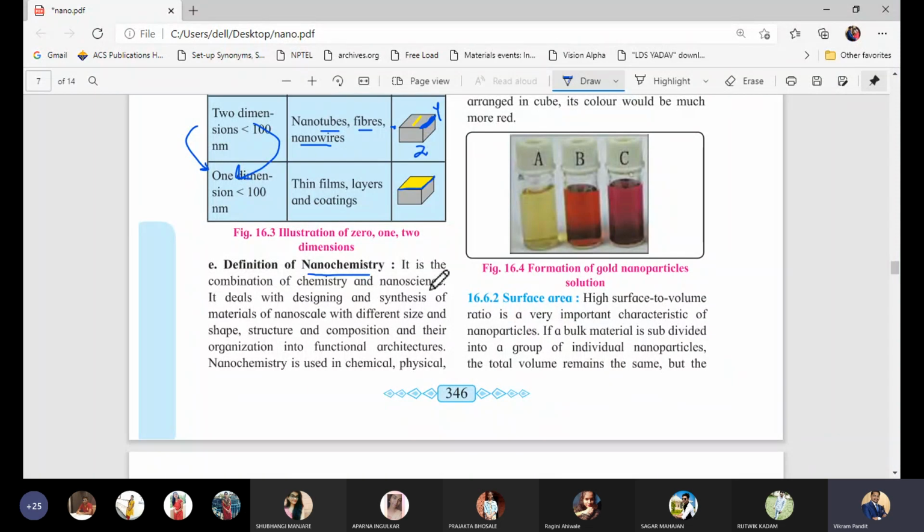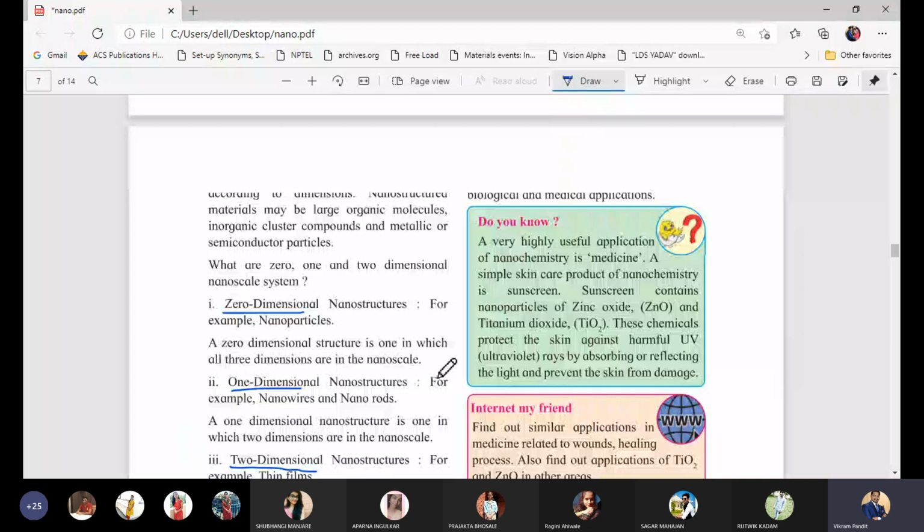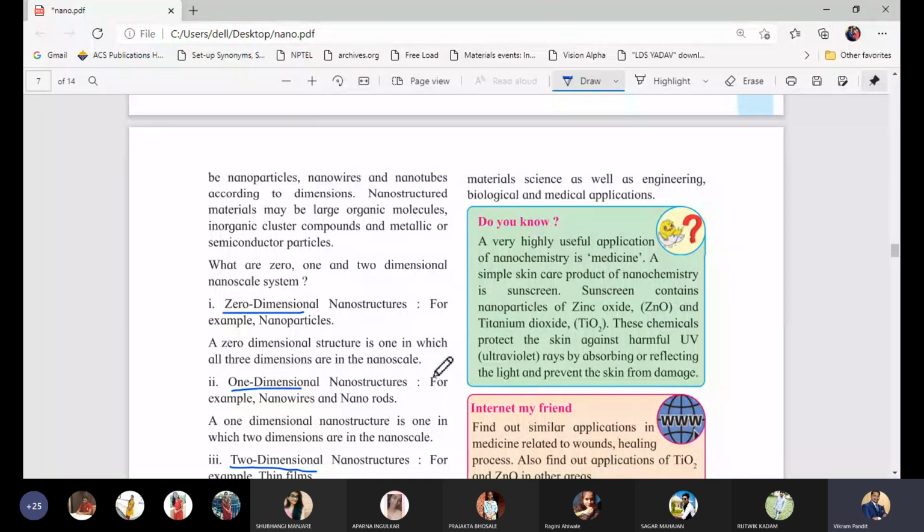But nanochemistry means it is a combination of chemistry and nanoscience, okay, which deals with designing and synthesis of material which is in the nanoscale with different size, different shape and composition. This is known as nanochemistry. So the nanochemistry is used in the study of these very small particles and their applications. So there are so many applications. We will see these applications later on in the same topic.